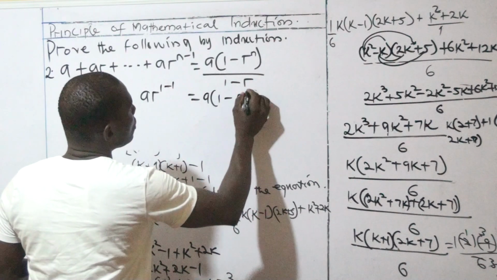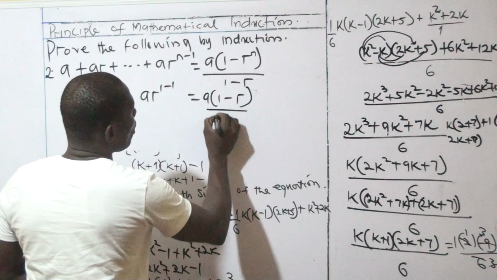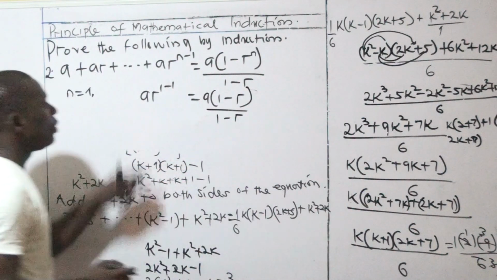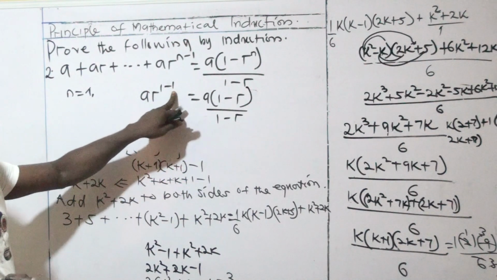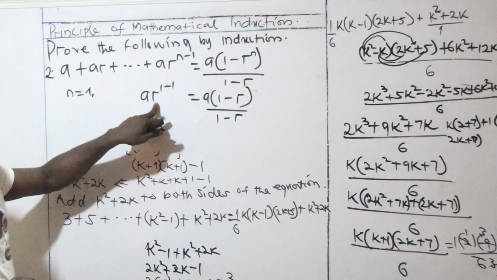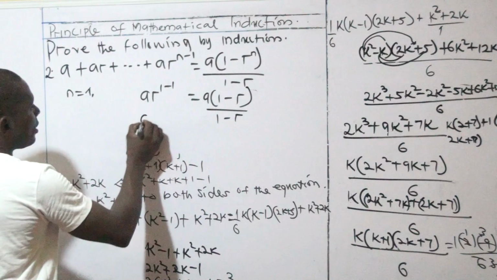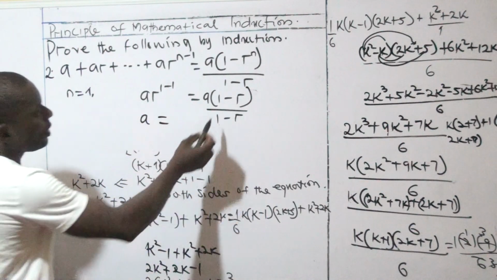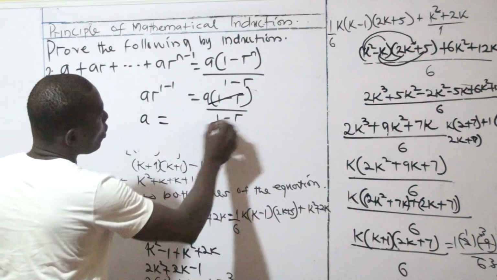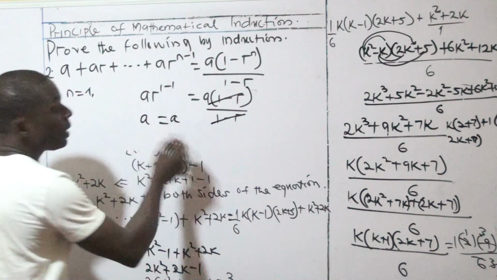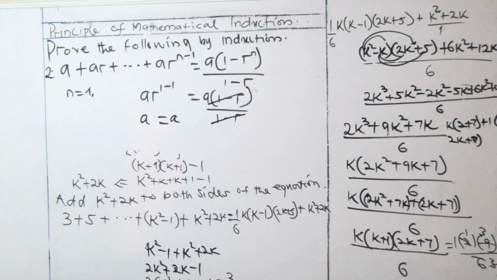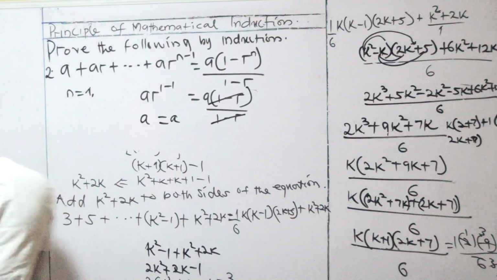That is just 1 - r, all over 1 - r. You know, 1 minus 1 is 0, so any number raised to 0 is 1. So this side is a. If you look at this side, the 1 - r cancels with 1 - r. So both sides are the same. We have shown that.